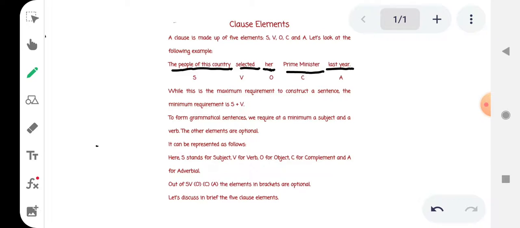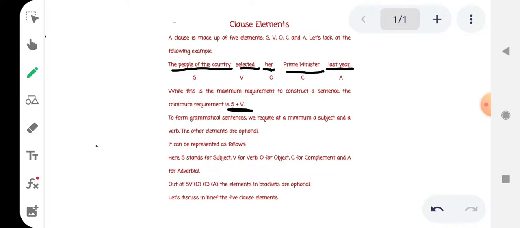As I told you earlier, there is a minimum requirement in a sentence for it to be formed. Without subject plus verb, we cannot form a sentence.